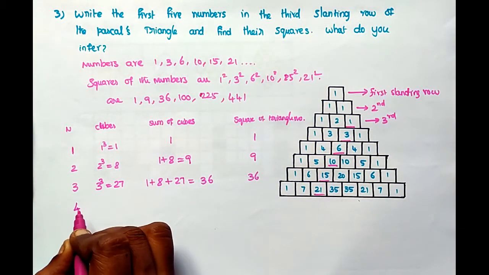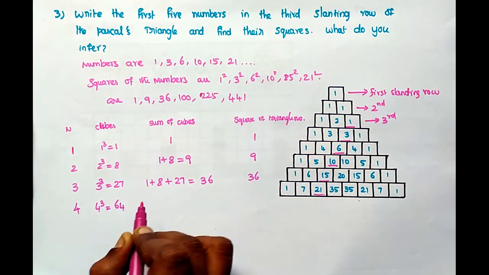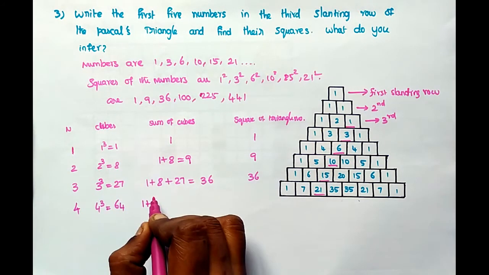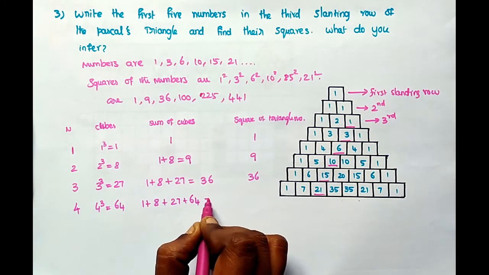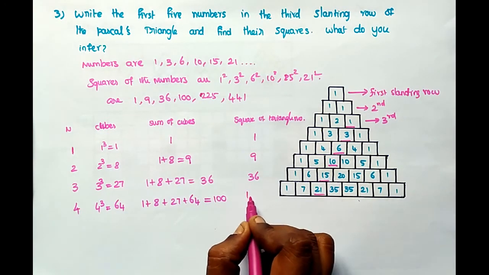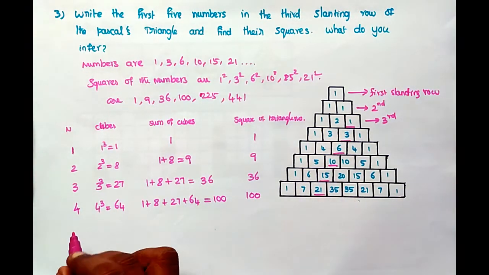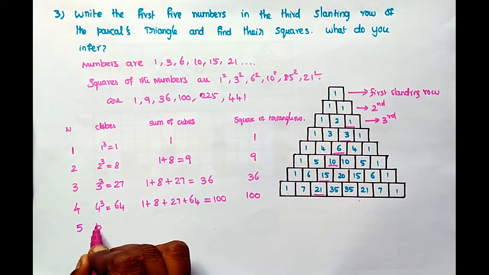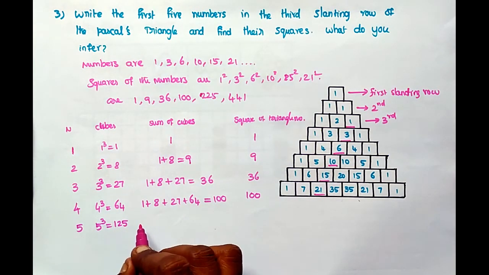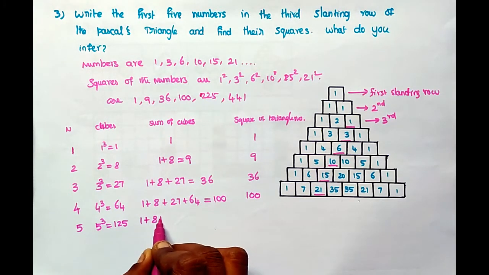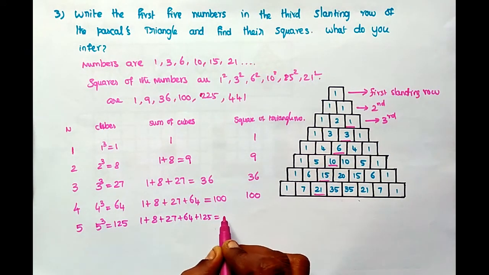And natural number 4 means 4 cube equal to 64. So 1 plus 8 plus 27 plus 64 equal to 100. That is 10 square. 5 cube equal to 125. That is 1 plus 8 plus 27 plus 64 plus 125 equal to 225.